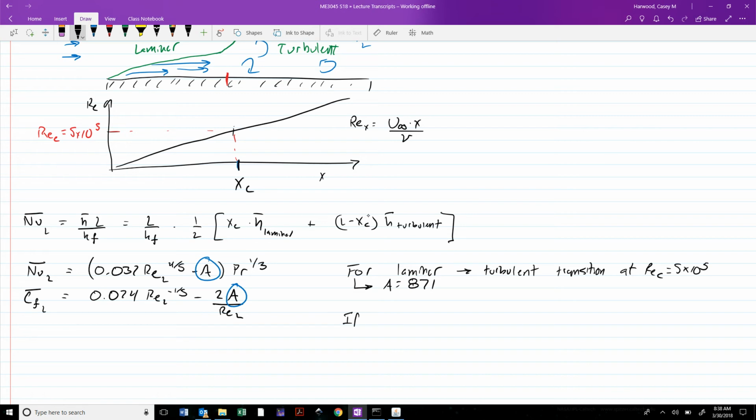And if turbulent flow is tripped, meaning we do something to the flow to make it turbulent from the start so there's no laminar component, then A is equal to 0.